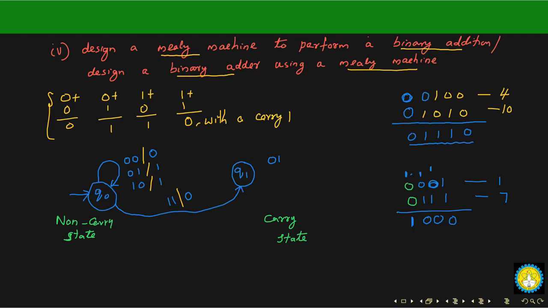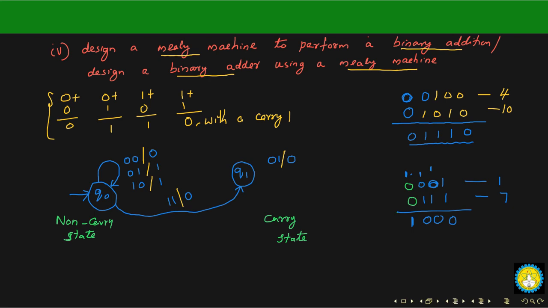Remember our output here is going to be 0. That's very important. This is because we also have to take care of the carry. Since we are adding 0, 1 with a carry 1, we are getting 0 again with a carry 1.